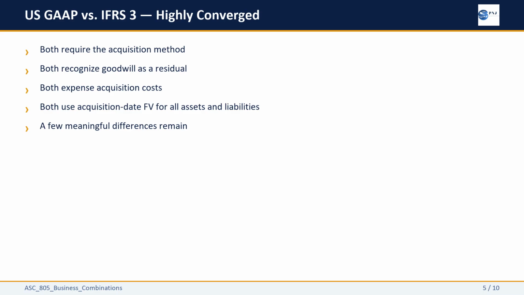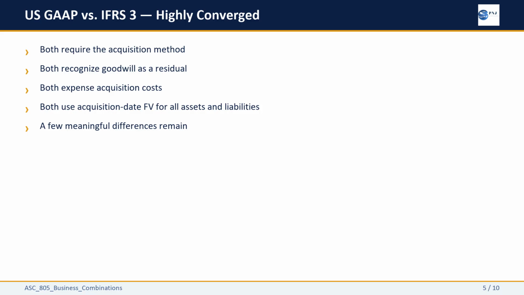ASC 805 and IFRS 3 were developed jointly by FASB and IASB, so they are highly converged. Both require the acquisition method, no pooling, no alternatives. Both recognize goodwill as the residual excess over fair value of net identifiable assets. Both expense acquisition costs.